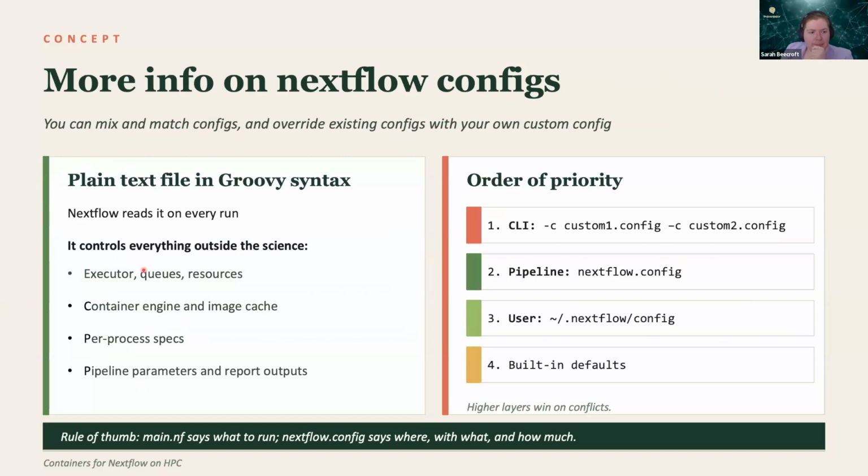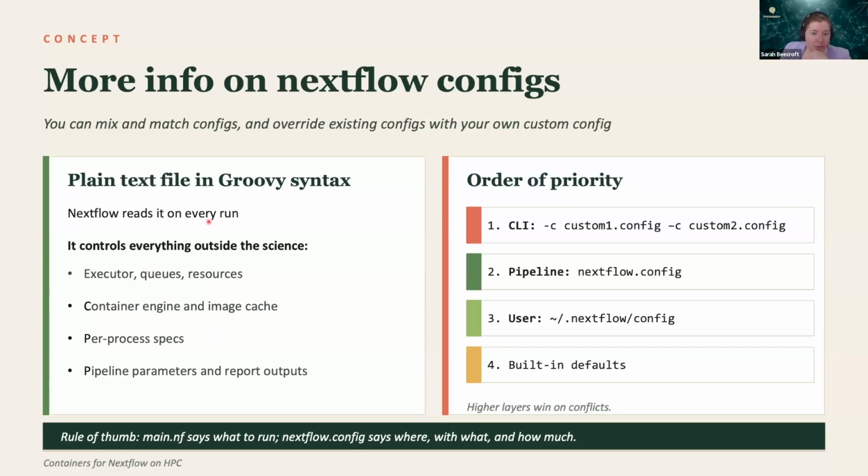And you can also mix and match them. You can have more than one config at a time, and that's quite common these days. And you can also override existing configs with your own custom config. So, if you're using a pipeline that's been published, and that's typically how it goes, but you need to change some of the settings for yourself to run wherever you're running, you can do that.